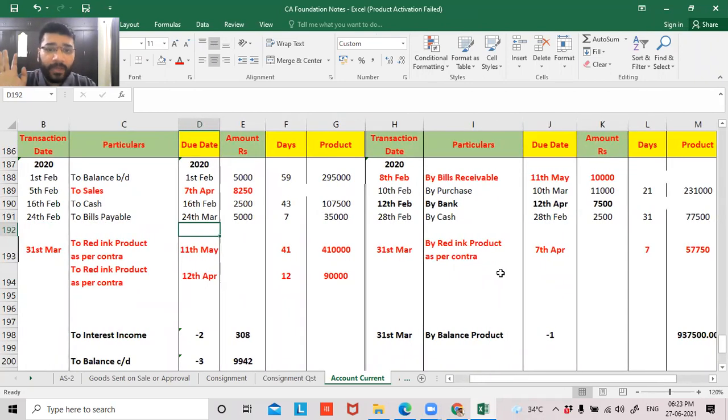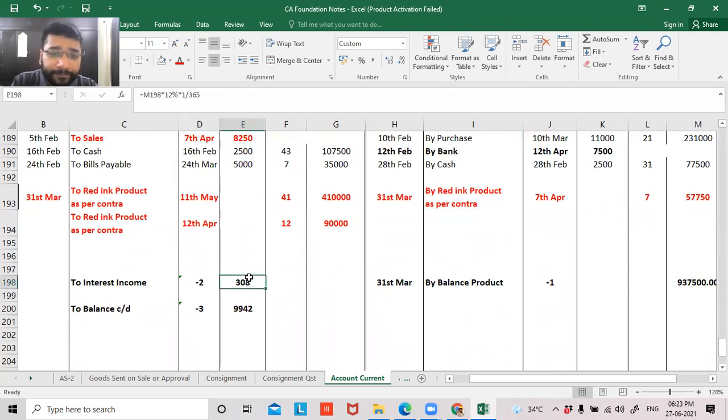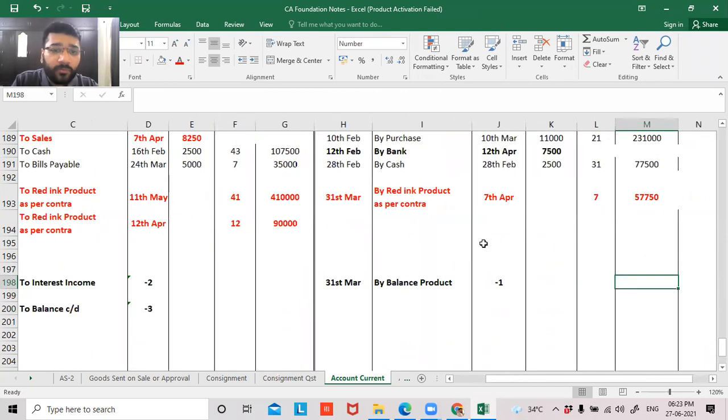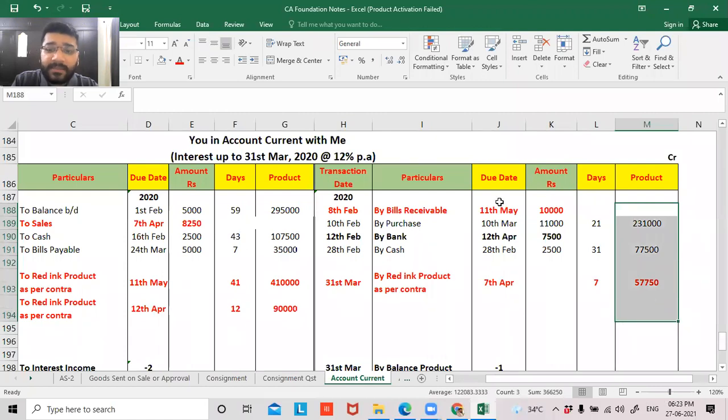Yes, sir. Okay. Now, guys, by putting this contra entry, I have removed the negativity. Now, if you want to balance, please balance it and tell me what are we getting. Balance of the product, guys. What is the balance? Which side total is more? Debit side is 9,37,500 and credit side is 3,66,250.